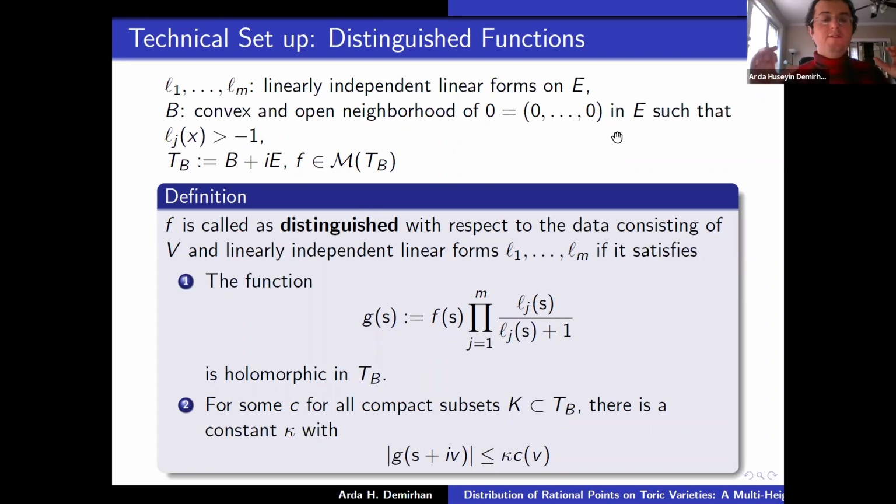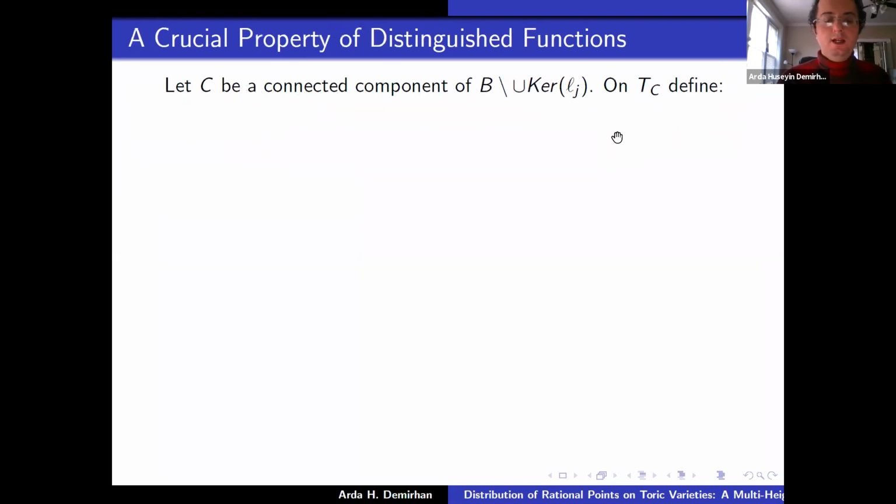So if a function is distinguished, then this G function is holomorphic in T_B. And we also ask G to have a moderate growth. Kappa is a constant for all compact sets, so |G(s+iv)| is less than kappa times C(v). If we want to work in a connected component of B, we want to work away from the zeros, because we don't want them to appear in the denominator.